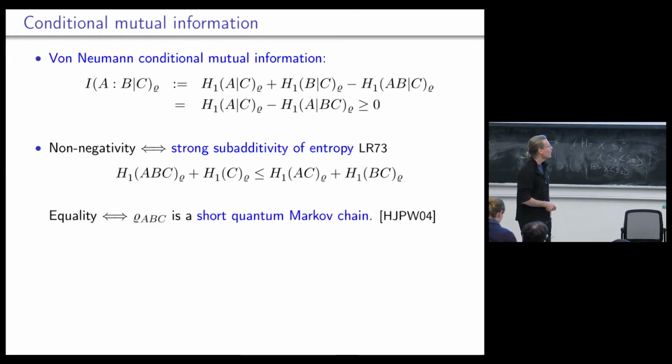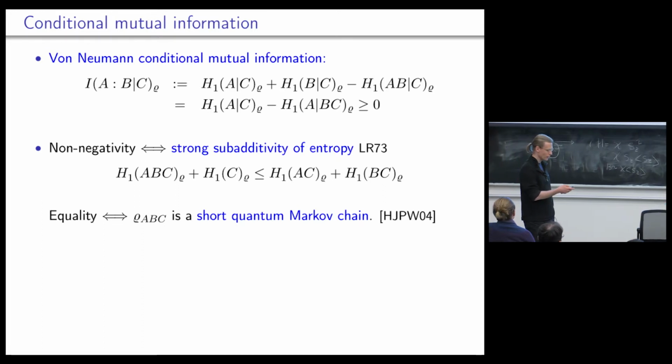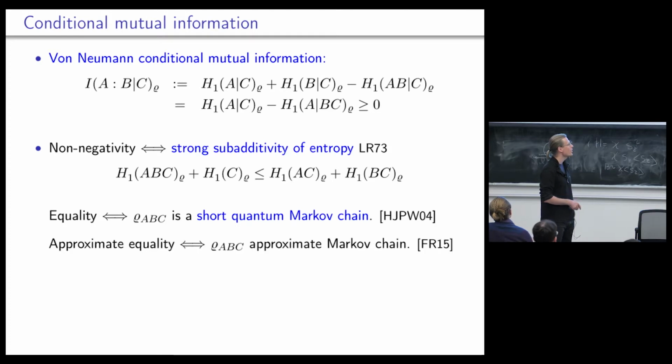Okay. And there are various important things related to this conditional mutual information. One thing is that equality in this inequality is satisfied if and only if the state is a so-called short quantum Markov chain. So this is some extension of the concept of Markovianity to the quantum domain.